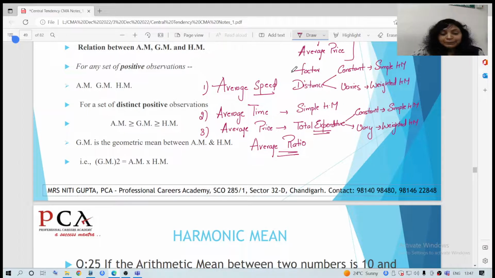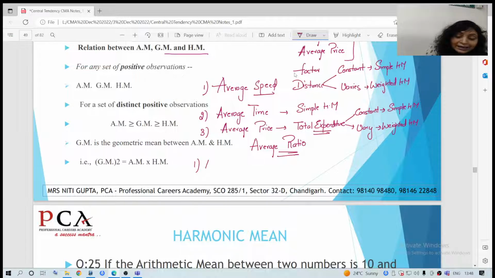Relationship I have already explained to you, meaning the relationship between AM, GM and HM. While computing the relationship, you first have to find out whether the items are alike or distinct. If all the items are alike, then AM equals GM equals HM.